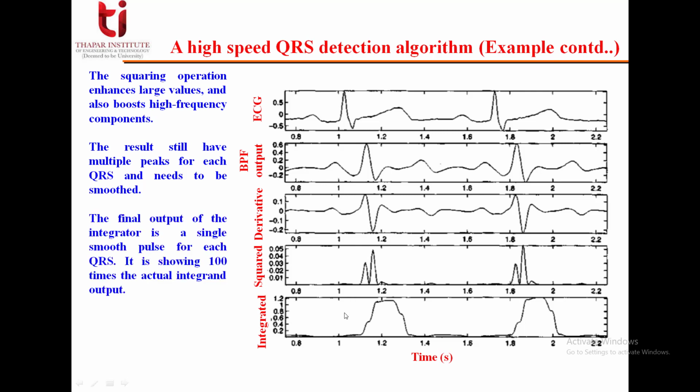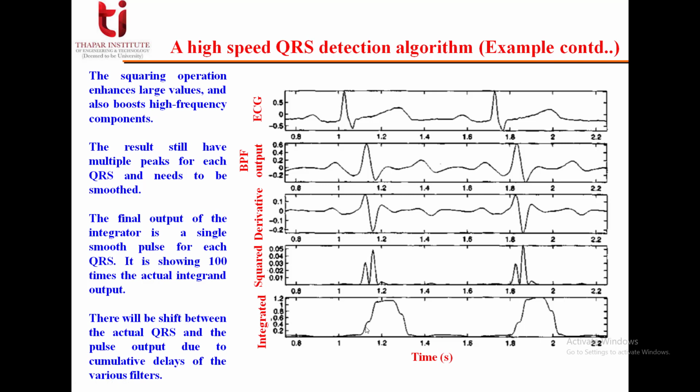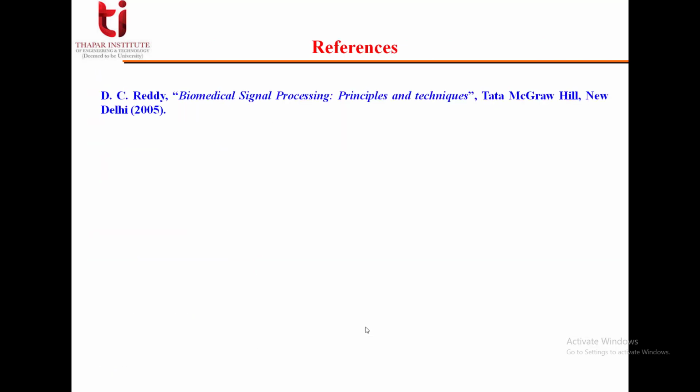The final output of the integrator is a single smooth pulse for each QRS. It is showing 100 times the actual integrand output. So there will be a shift between the actual QRS and the pulse output due to cumulative delays of the various filters. So this was all in this lecture.